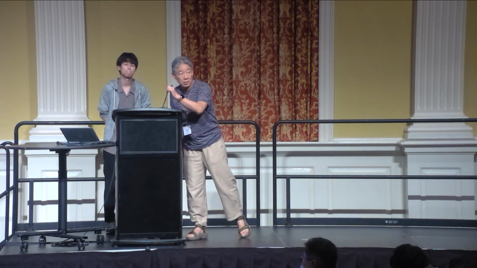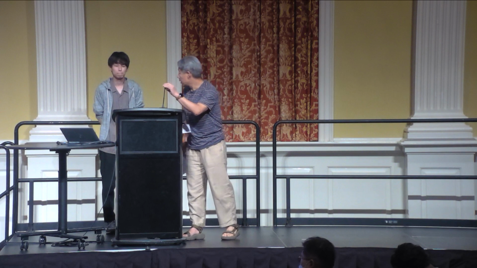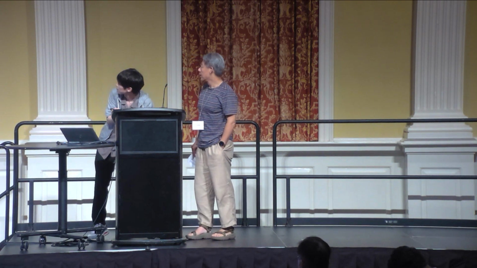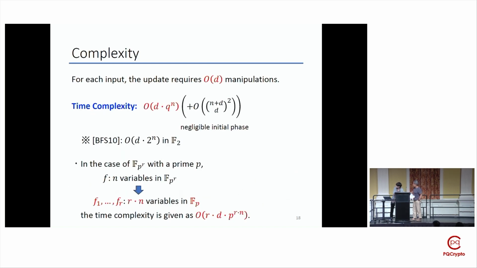Any other question? If not, I can ask a question. Can you go back to the slides before, please? It's here. Can you explain to us where this R is coming from in the extension field? Where do you get this R? In the complexity. Okay.